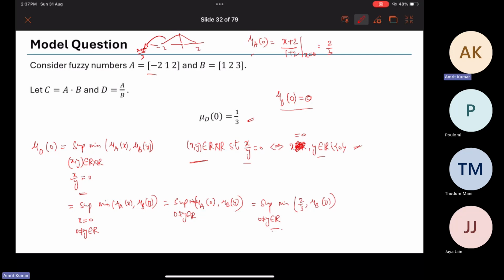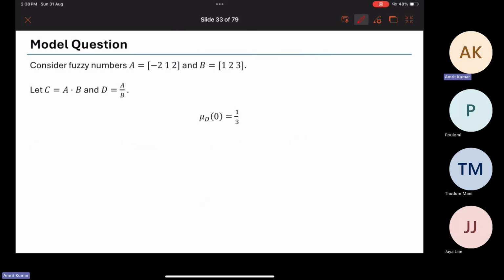So this becomes supremum of 2 by 3. Okay. Now it automatically makes sense to find all y such that mu B of y is at least 2 by 3, because for such y, minimum of 2 by 3 comma mu B of y will become 2 by 3, right? So in other words, it makes sense to compute the 2 by 3 cut of B, right? Now let us do that. So 1, 2, and 3.